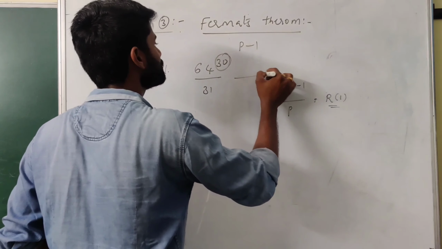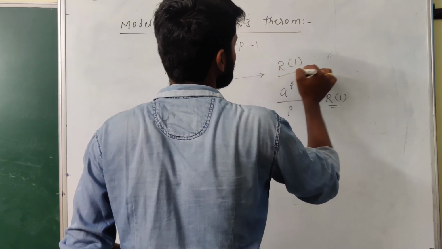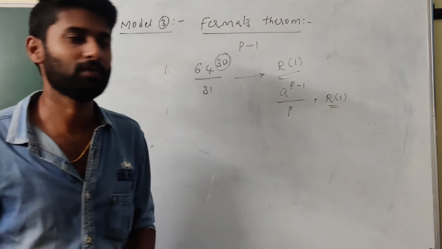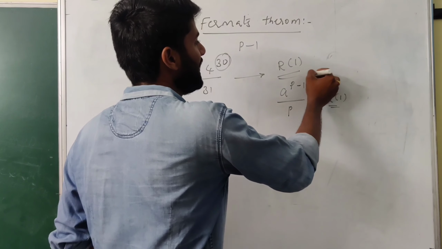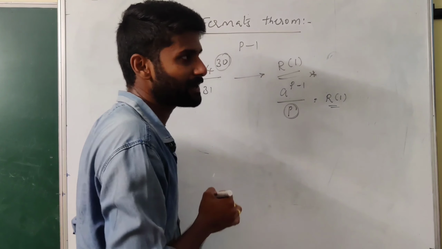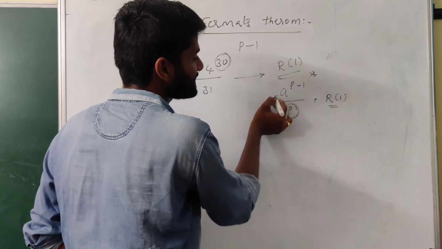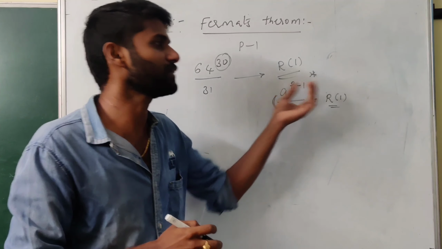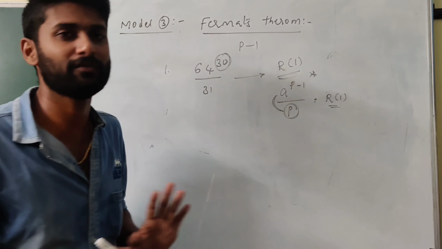So according to this question, 64 whole power 30 divided by 31, the remainder is 1. So observe the theory: the denominator must always be a prime number, and a and p must satisfy the co-prime rule. If you remember this concept, you can get the direct answer for these types of questions.